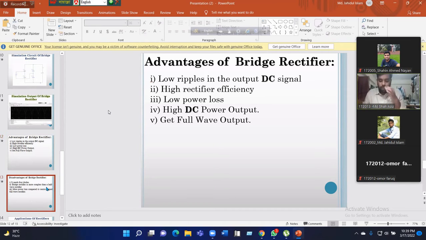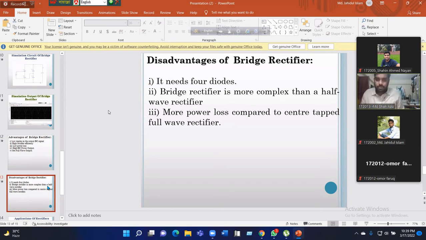Now I'm talking about the disadvantages of the full wave bridge rectifier. We know that in a full wave bridge rectifier, two diodes in series conduct at a time on alternate half-wave cycles. This creates a problem when DC voltages are required, and that's why it leads to poor voltage regulation.